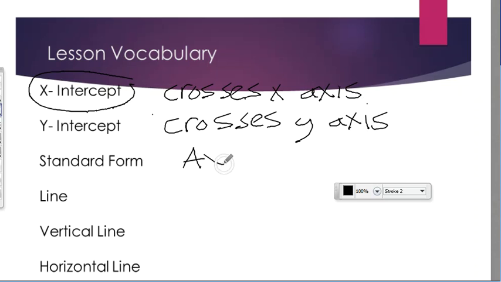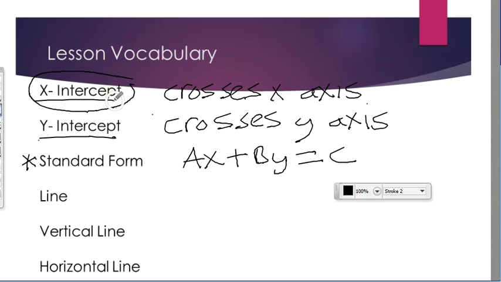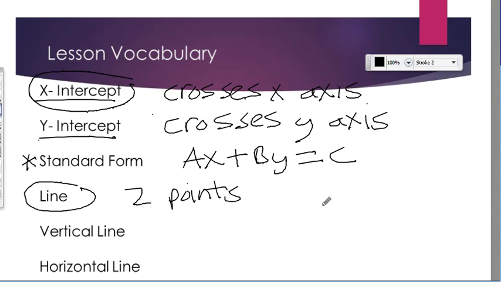Standard form is a times x plus b times y equals c. And this is the form that we put our equation in when we want to graph using the x and y intercepts. We know that in order to graph a line, we need to know at least 2 points. And for this particular lesson, the 2 points that we are finding are the x-intercept and the y-intercept.